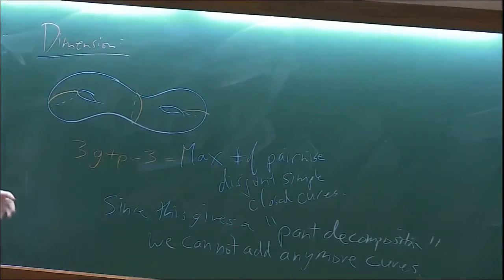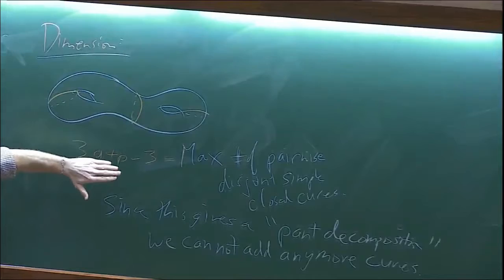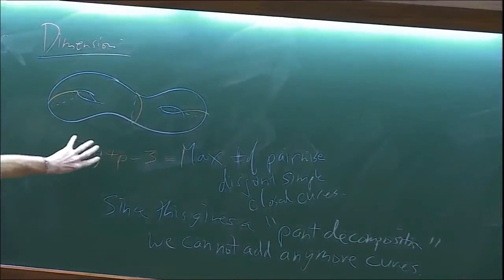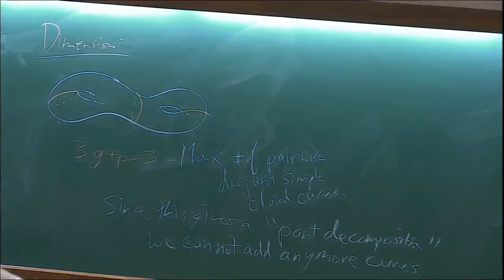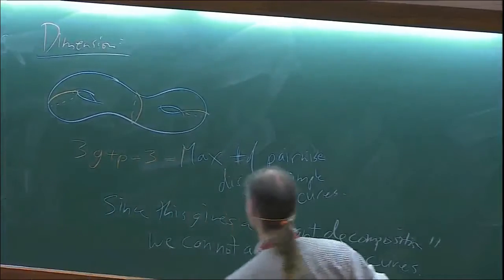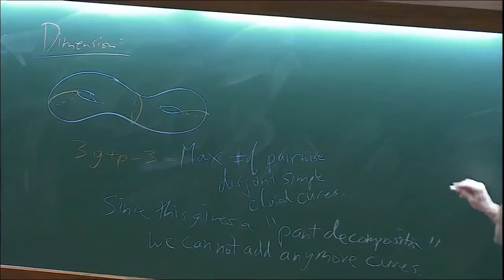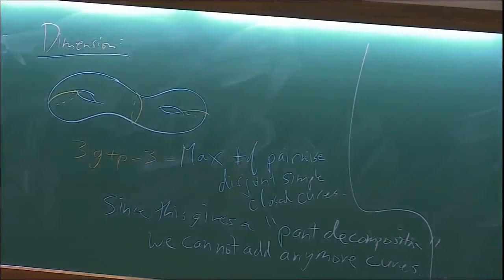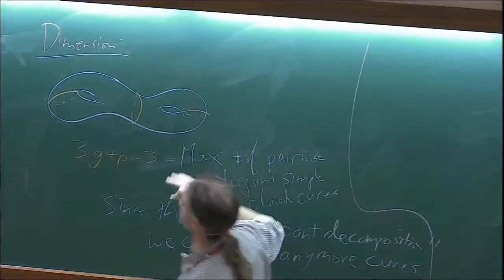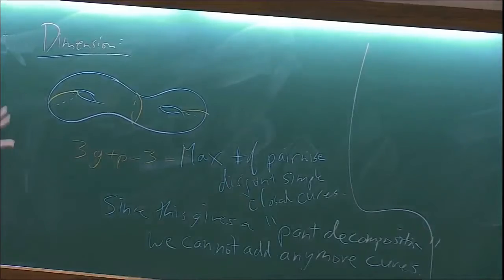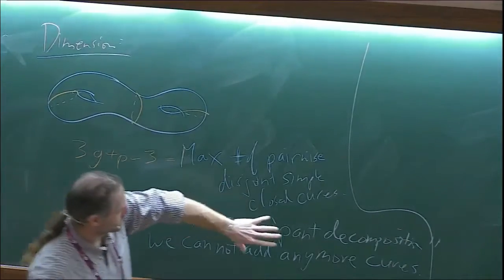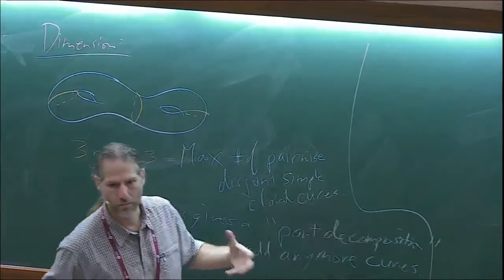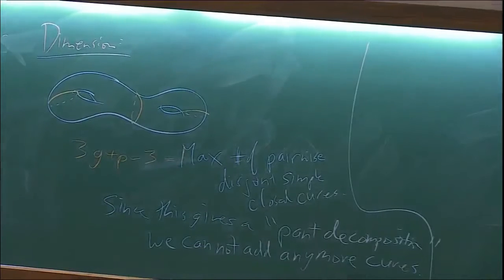But the dimension of this cell is 3g plus p minus 4 because it's a collection of 3g plus p minus 3 curves. You get 1 dimension less than the number of vertices. So this is our dimension, and it's useful because it already introduces this sort of thinking about these pants decompositions, which turn out to be useful objects.